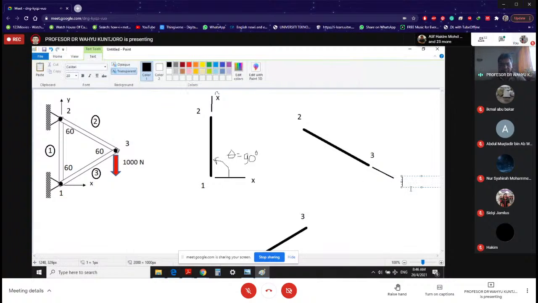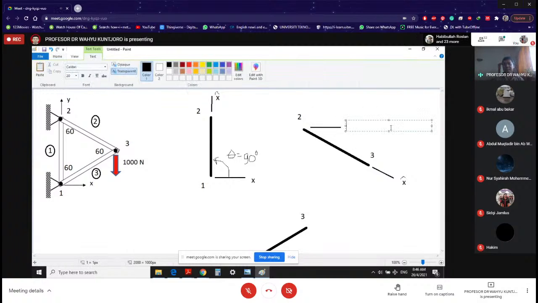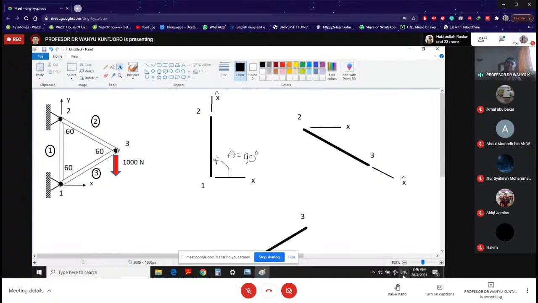So that is x local, from 2 to 3. And x global is, of course, something like that. That's the axis of x global.